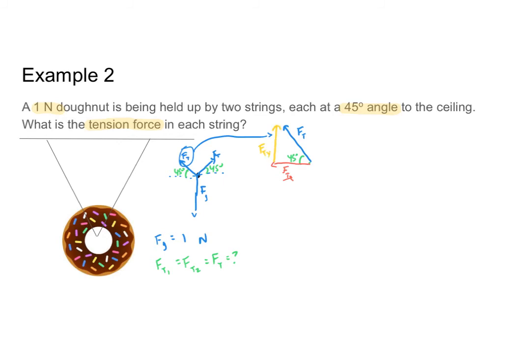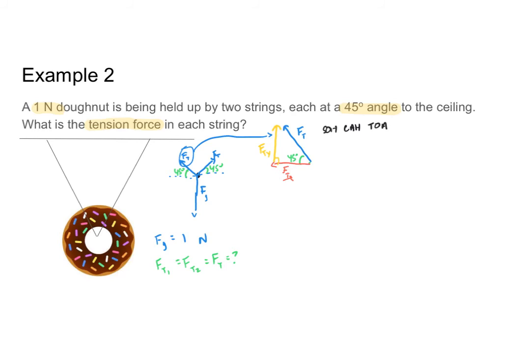And if I had drawn these a little more neatly, I would recognize that this is a triangle, and is in fact a right triangle. So what that means is I can use my sines and cosines, my SOHCAHTOA, to break my force of tension down into its x and y components. I'm going to skip how we do that, and I'm just going to tell you what the answers are. If you want to go through this on your own, you are welcome to.